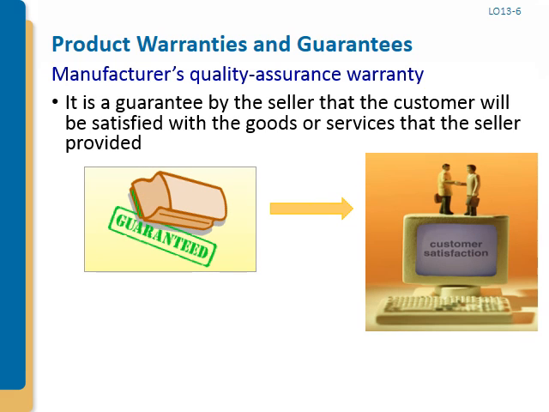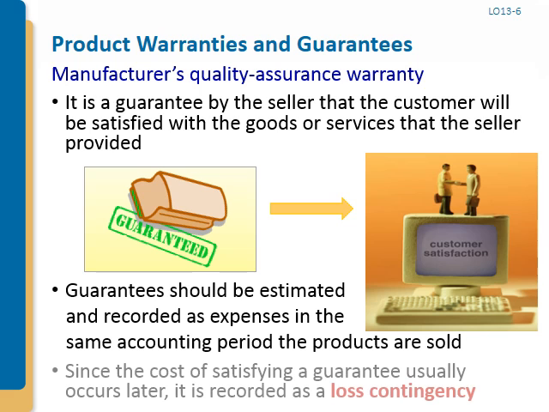It follows then that any cost of making good on such a guarantee should be estimated and recorded as expenses in the same accounting period as the products are sold, matching expenses with revenues. Also, it is in the period of sale that the company becomes obligated to eventually make good on the guarantee. So it makes sense to recognize a liability in the period of sale.